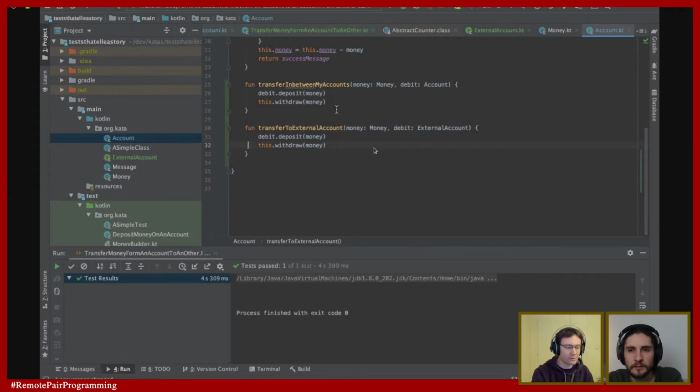Okay, so that would be the same tests as the external account? No, because you don't need to use the mock. You can check, because it's the same bank, what the other client has in their account. How is it different from this function?